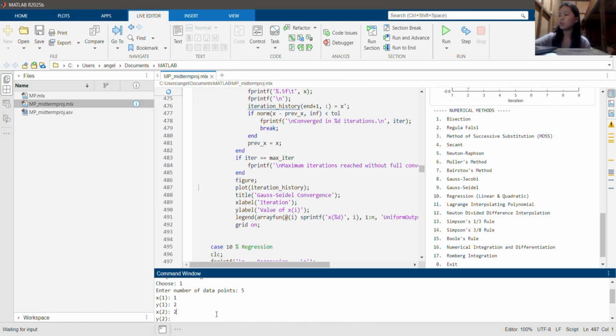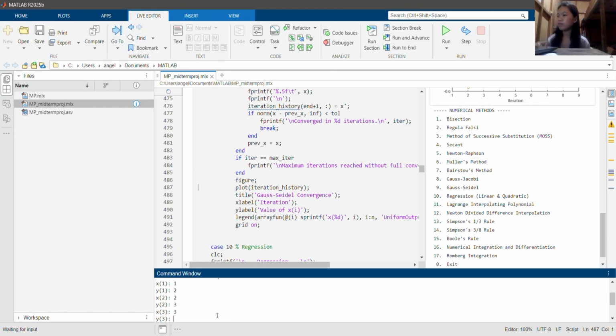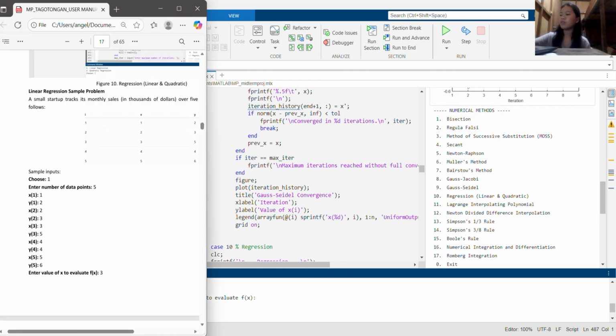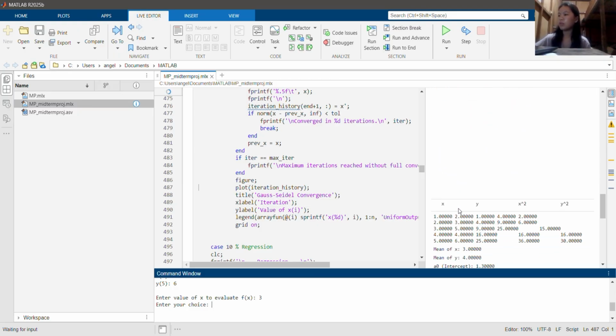One, two, two, 3, 5, 4, 5, 6. And then our value of x to evaluate, which is number 4, likely.